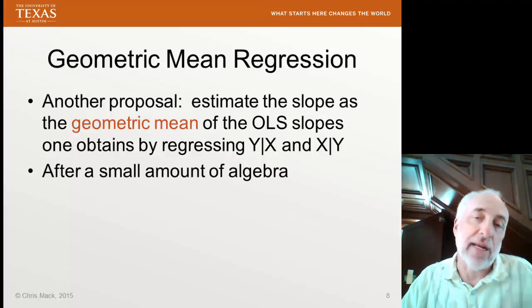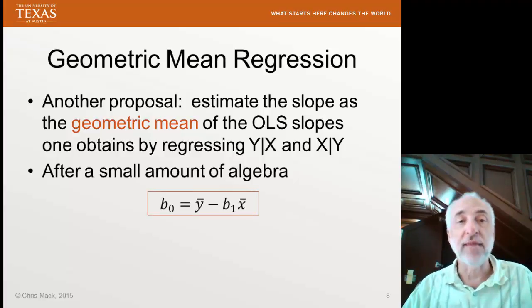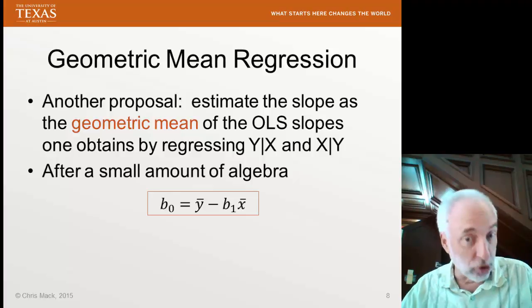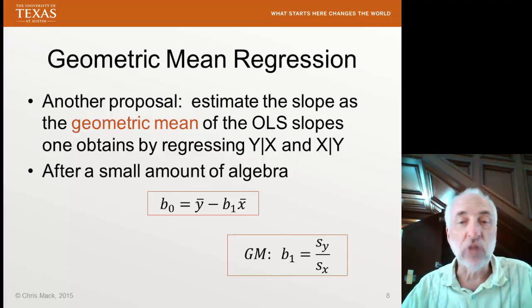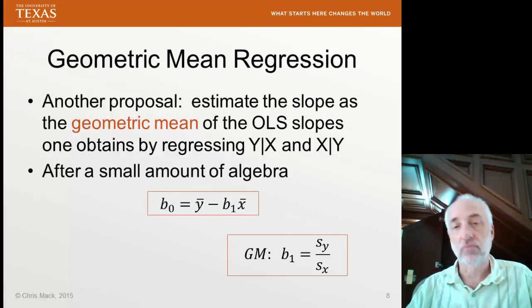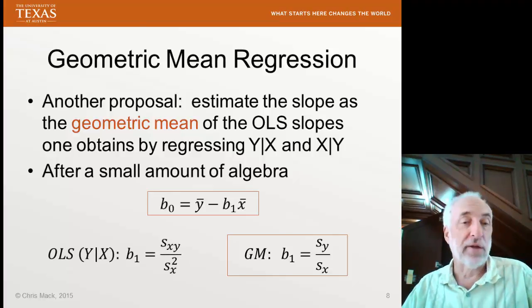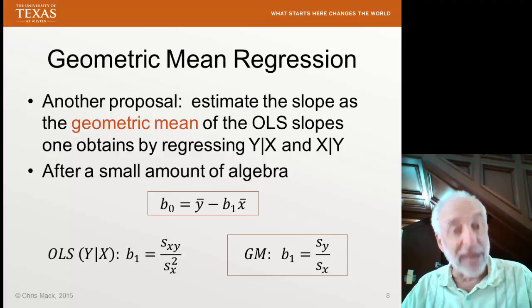So we can do this actually analytically. We don't have to actually do both fits. We find that the estimator for the intercept is identical, but the estimator for the slope is the standard deviation of y divided by the standard deviation of x. Whereas if I did an ordinary least squares, assuming all the variances in y, that is the x values are fixed, then I get a different value of the slope.